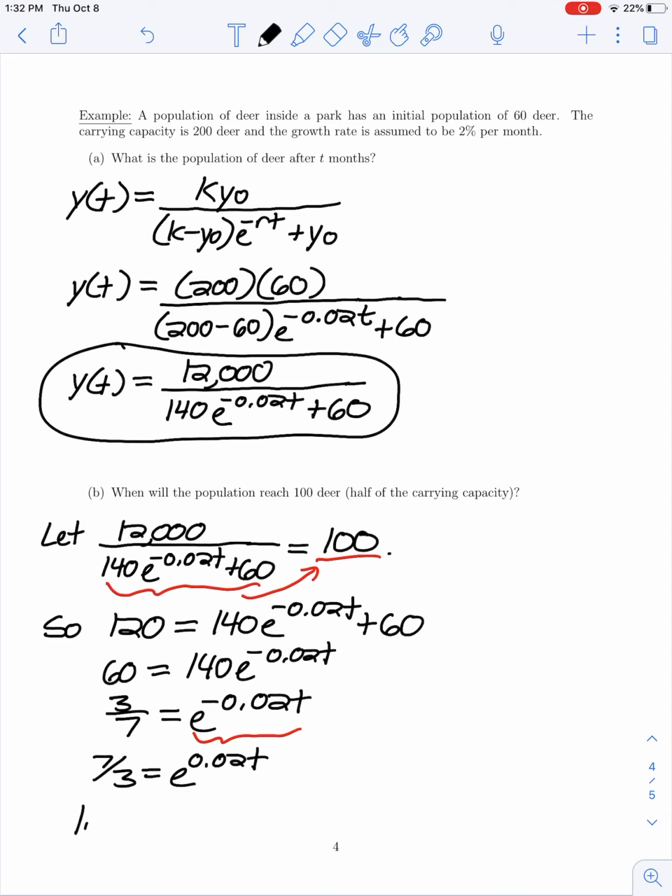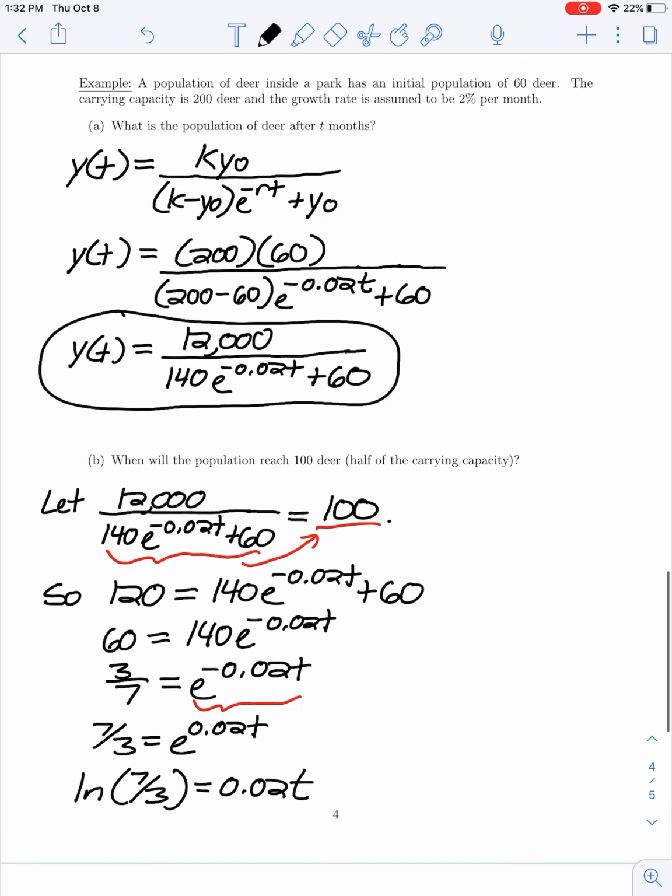And now taking the natural log of both sides, I would have the natural log of 7/3 is equal to 0.02t. And to solve for t, I would then divide both sides of this equation by 0.02. Now 0.02 represents 2/100ths, or 1 over 50.